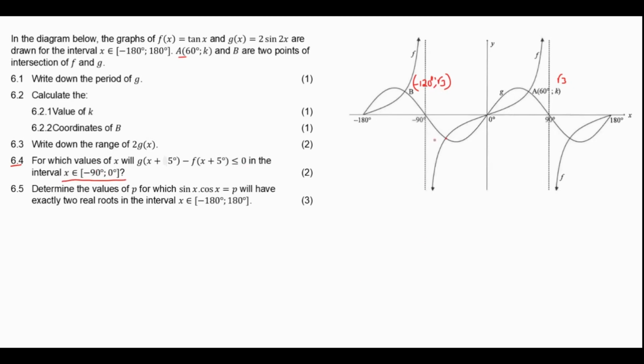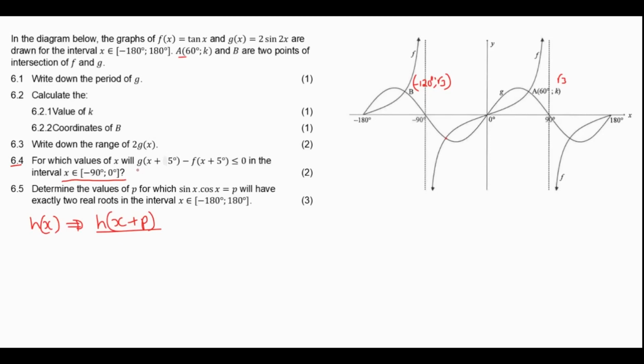Right, I want us just to discuss a few things here. What is the meaning of g(x + 5) like this? Let me just use h(x). If h(x) is transformed to h(x + p), what is the meaning of this? It means that h(x) is shifted by p units to the left.